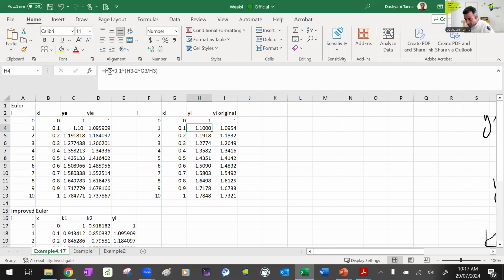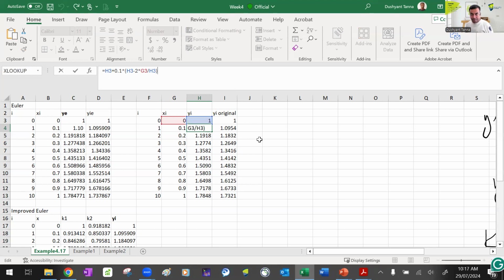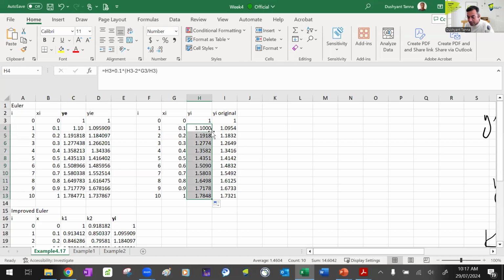So I plus 1 is following the ith step in our Euler's method, and then the division of 2xi over yi. Once you have that, the next formula will mimic it if you just double click here, or use the control D function for the same thing.